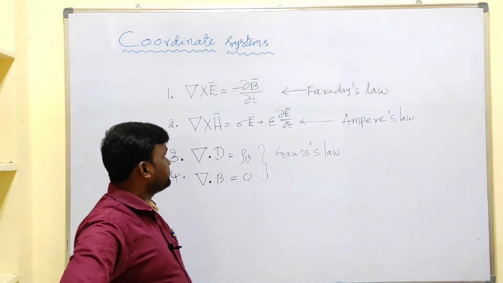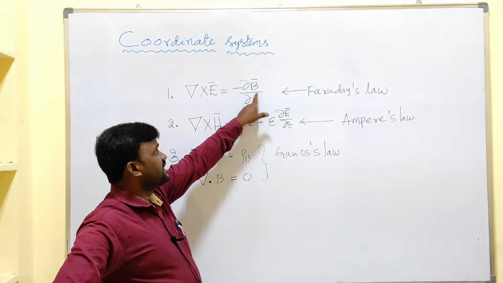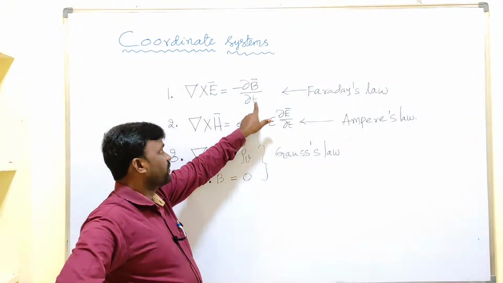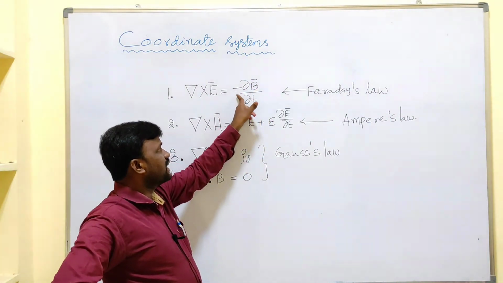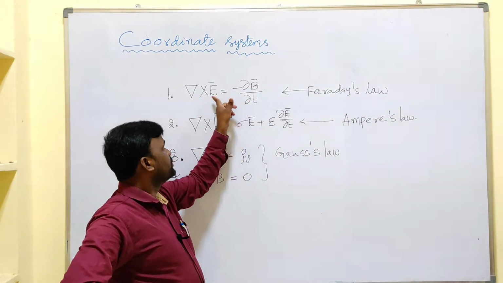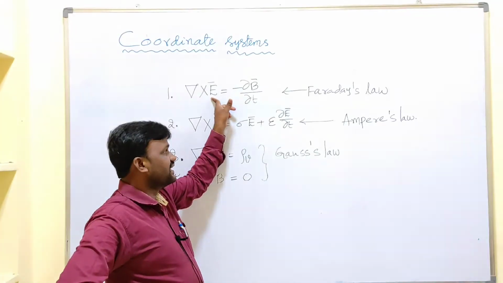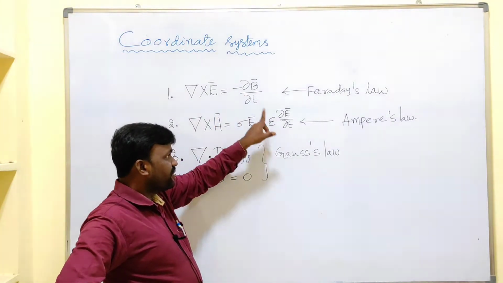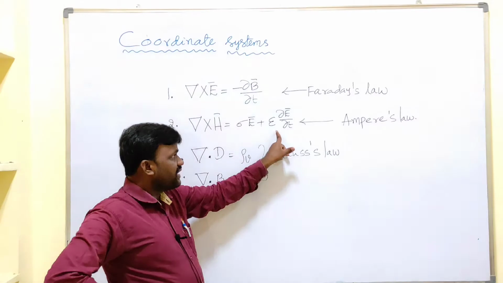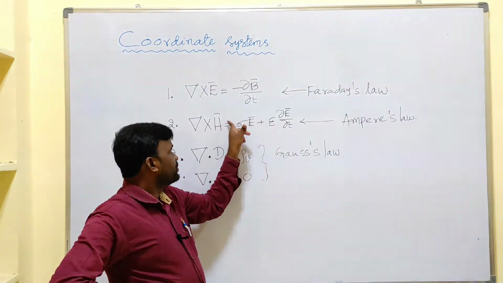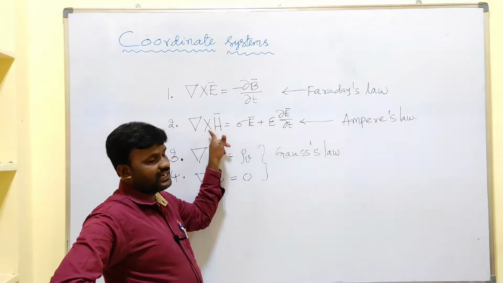If you see here, this B is varied with respect to time. That means this time varying magnetic flux density produces space varying electric field intensity. Similarly, if you see here, time varying electric field intensity produces what? Space varying magnetic field intensity.